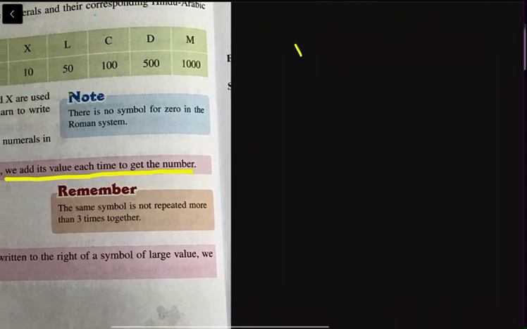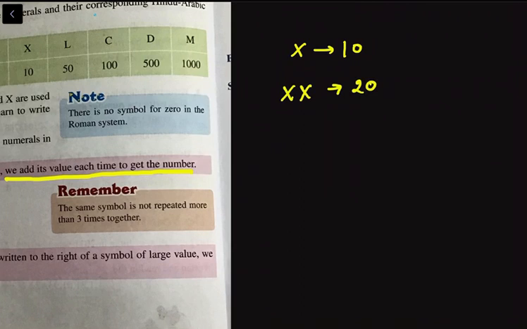We know X stands for 10. If we write X and X, it stands for 20. If we write X and then X and X, it is for 30.